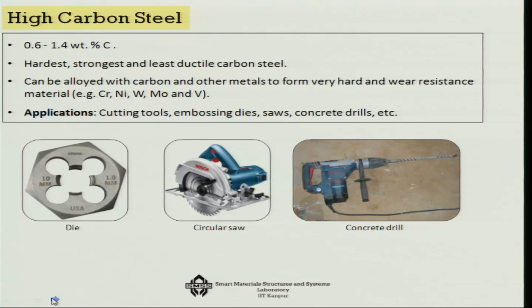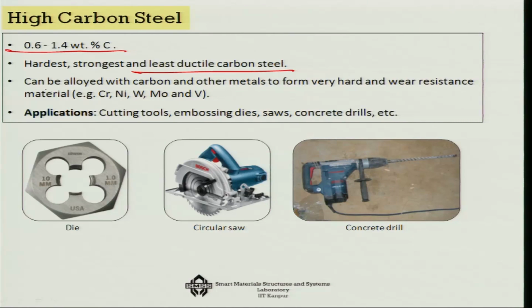Now, finally, if I increase the carbon more, then I go from 0.6 to 1.4 weight% of carbon. This one is the hardest, strongest, but least ductile carbon steel. That is why it is used generally for dies, for example, or this type of applications.